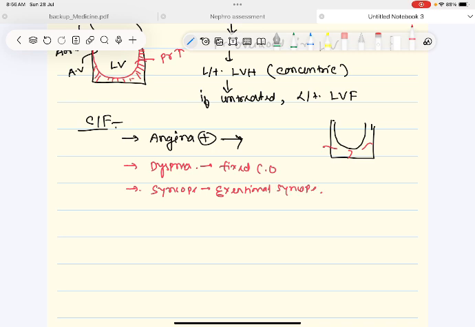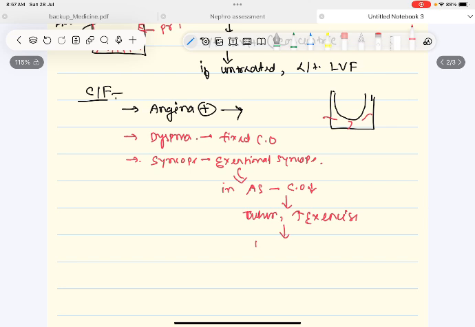The mechanism behind it is that in aortic stenosis, cardiac output cannot increase with exercise. When a patient with aortic stenosis performs exercise, it leads to dilatation of the blood vessels of skeletal muscle.